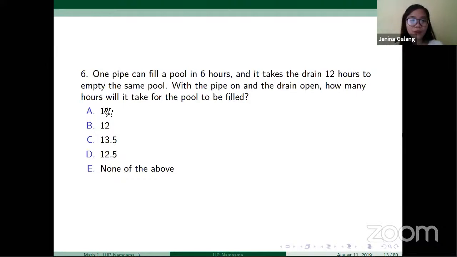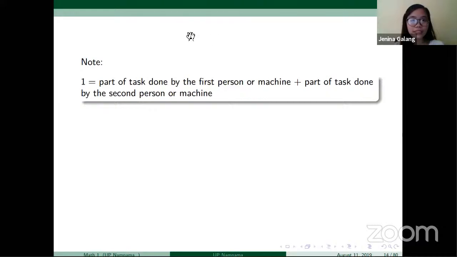So hindi ko alam kung paano ito i-discuss, pero inassume ko na lang na wala kayong idea kung paano to answeran. So, tignan natin kung paano natin i-derive yung equation natin na gagamitin dito.